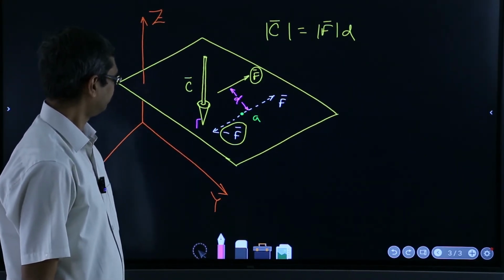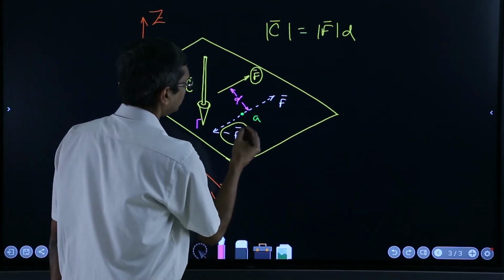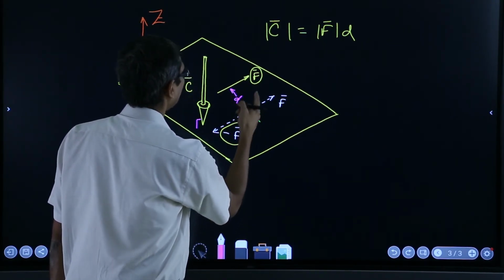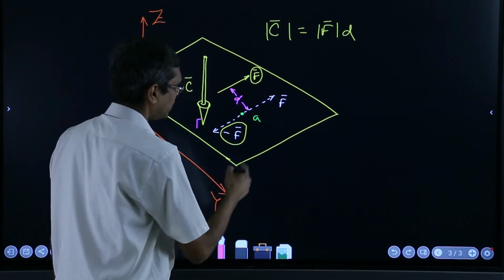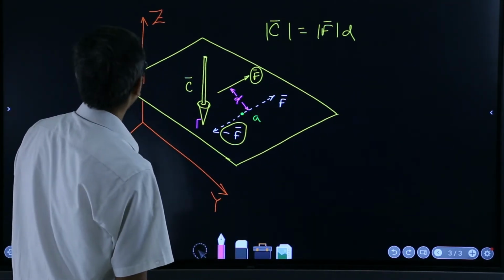Now, you can think that these two forces have been replaced with this couple moment, and you are left with this force alone. So can I do one thing?